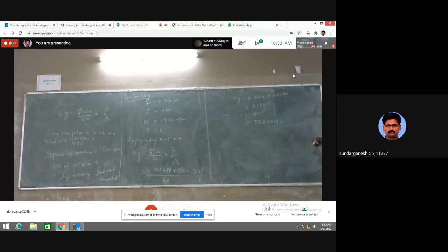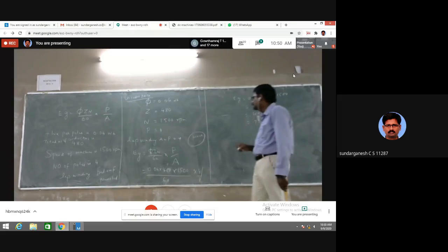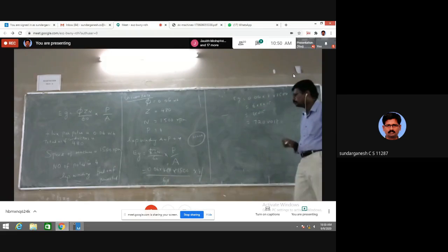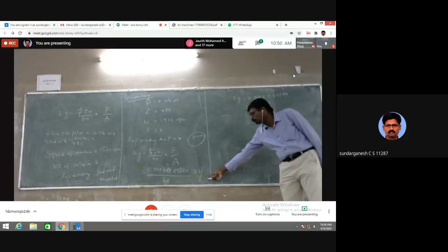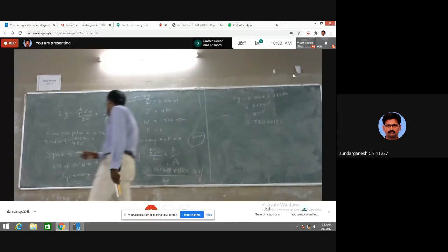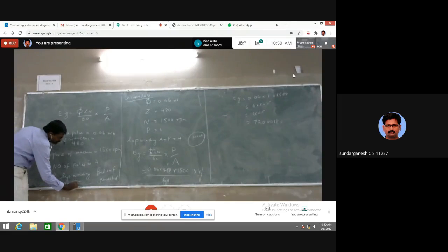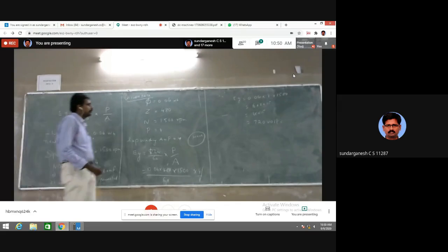So sometimes they will give wave winding. Wave winding, then A is equal to 2. Then you have to put 2 here. So if it is wave winding, I am changing the formula. First case lap winding, second case wave winding. So this is the first case.